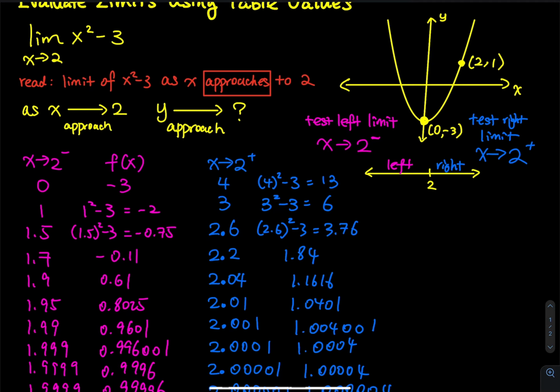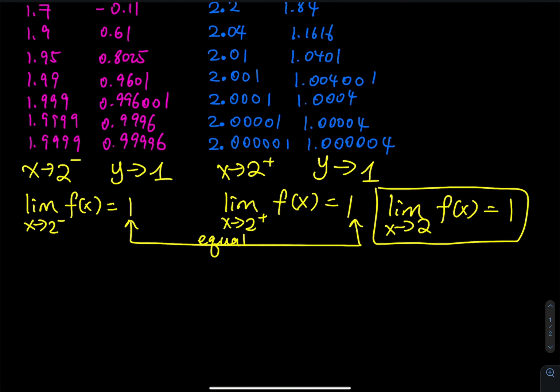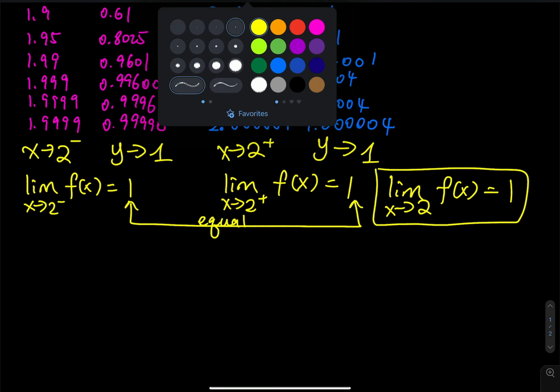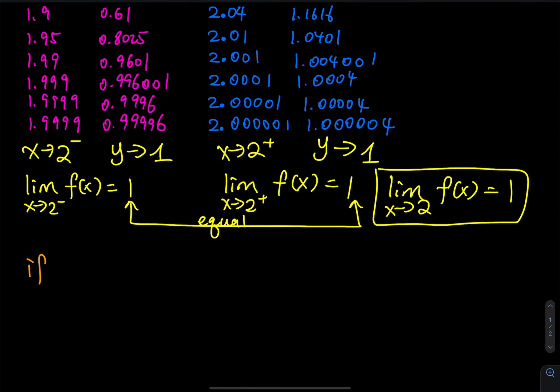Now, you might ask me, hey, what if the left limit does not equal the right limit? So just a big what if, so let's change color. If you have the limit as x approaches, just choose a number like a, from the left hand side of f of x, what if that is not equal to the limit as x approaches a from the right hand side?